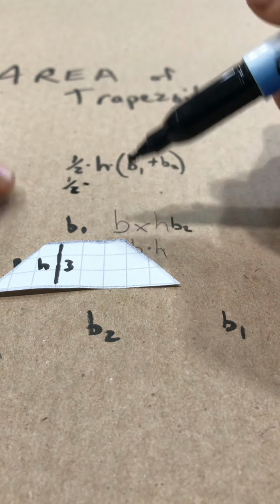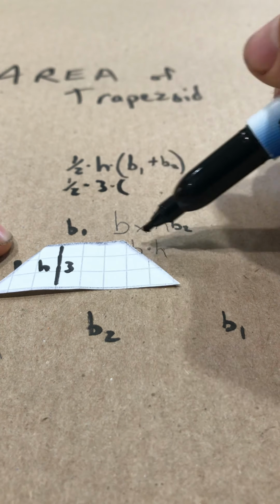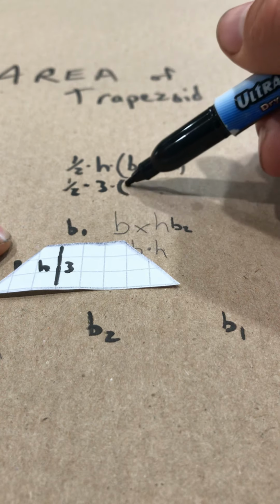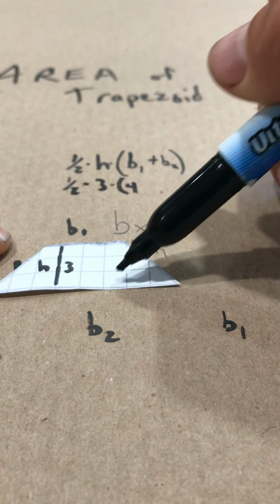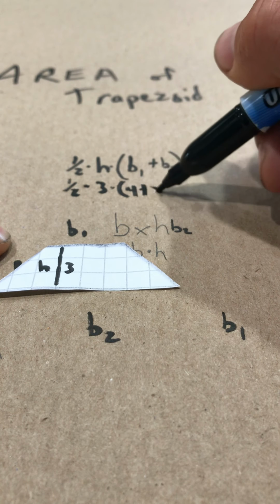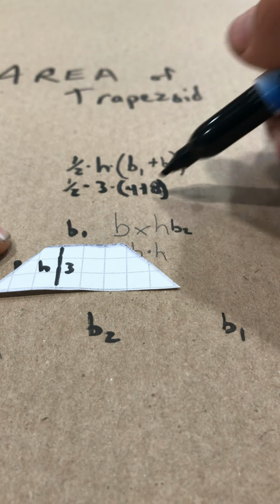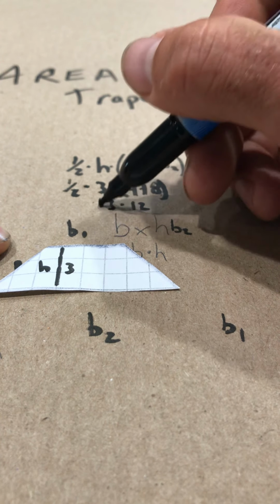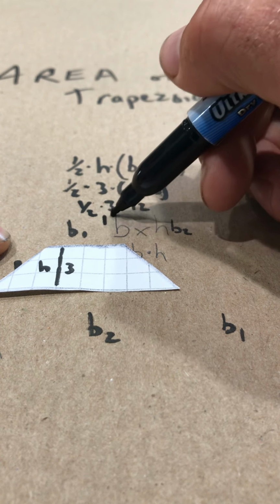I could do a half times, the height is 3, times whatever base 1 and base 2 are. Well, base 1 is 1, 2, 3, 4, and base 2 is 1, 2, 3, 4, 5, 6, 7, 8. So if I add those up, I should get the rest of my formula. 4 plus 8 is 12, and 12 times 3 is 36, and half of that would give me 18.